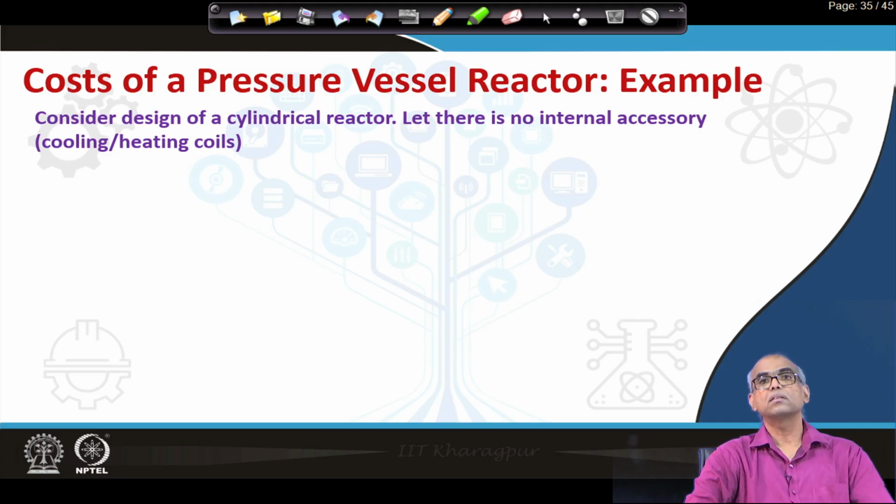So, how do I obtain the cost of the reactor? You first obtain the dimensions, the size of the reactor. So, you get the length and diameter of the reactor. Then you make use of the code for obtaining the thickness.